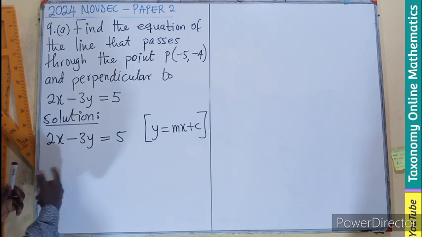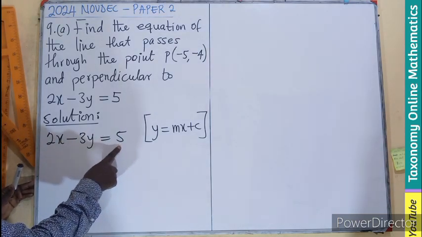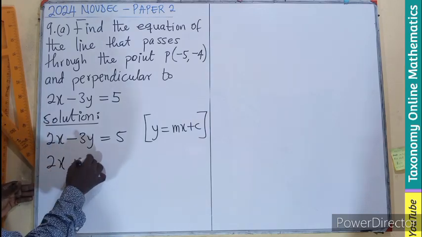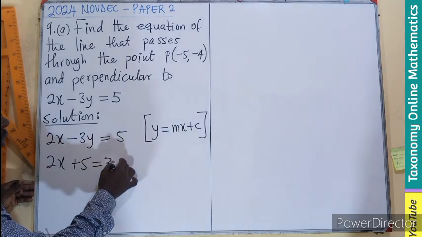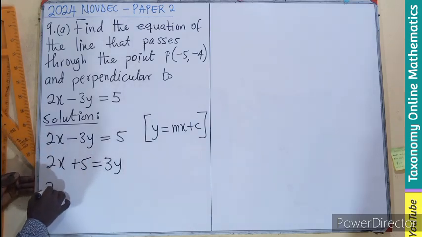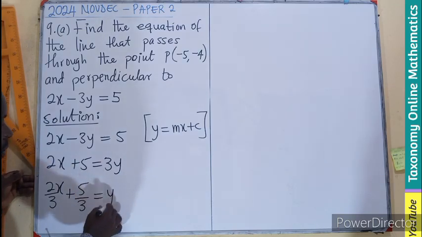Let's maintain the 2x here, transpose 5, and transpose this. So we have 2x minus 5 equals 3y. Here we divide by 3. So I'll have 2x divided by 3, minus 5 divided by 3, equals y.